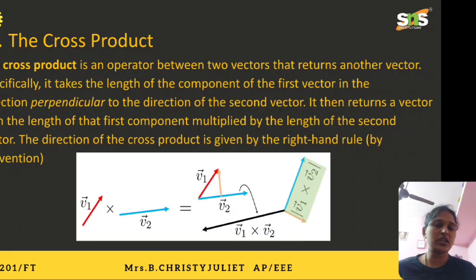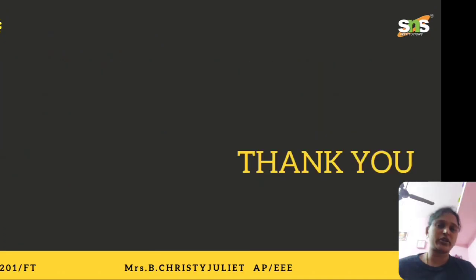That is one thing you all need to identify, so that we can be very much aware of the dot product and cross product, because in the upcoming classes we will see a lot of problems which are based on the dot product and cross product.